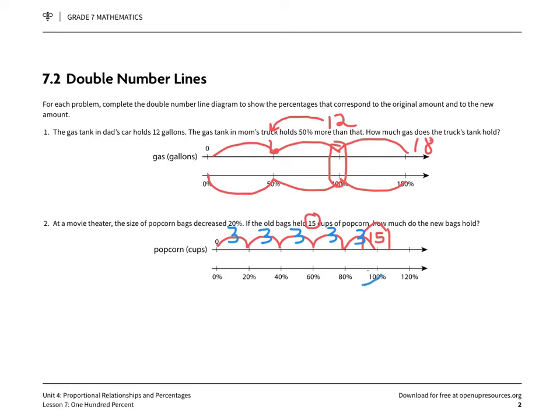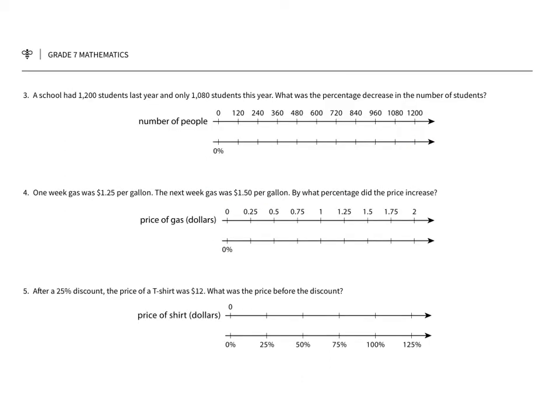Now that 80% would match up with here, taking away 3 cups of popcorn, or 3 cups 4 times would give me 12 cups of popcorn. So again, these double number lines, kind of like a tape diagram, a way to visualize percentages. Again, the important piece here is notice how many increments you're dividing into, okay?